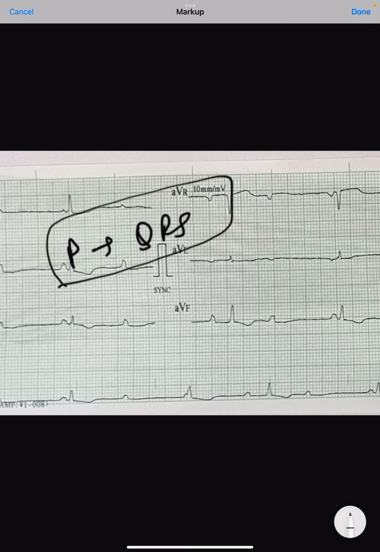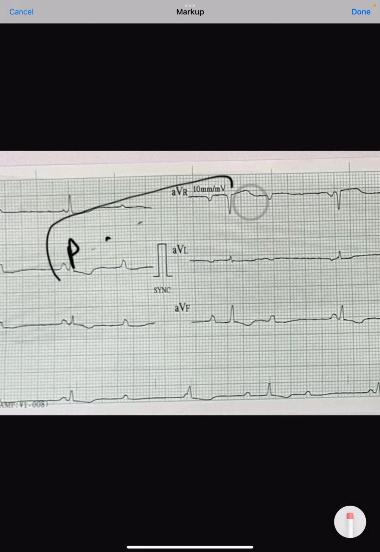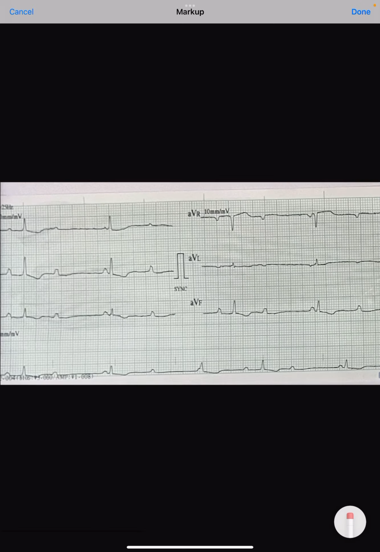So there is an association between these. That is the reason why in CHB we have AV dissociation, meaning the atria have no relation with the ventricles. Atria keep on pumping at their own pace and ventricles keep on pumping at their own rate.